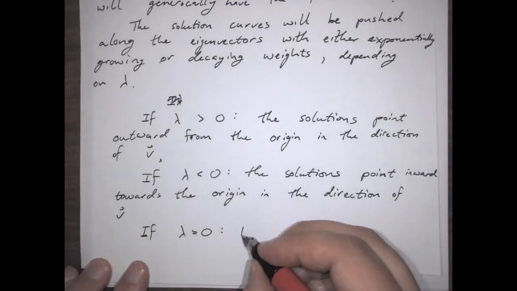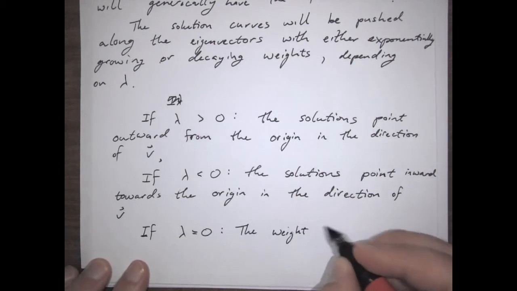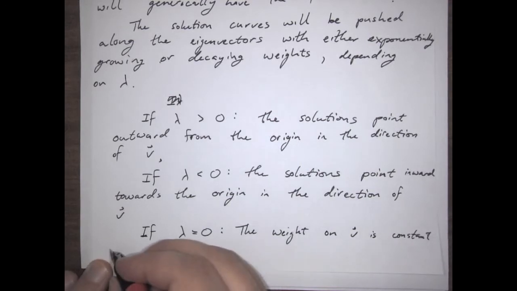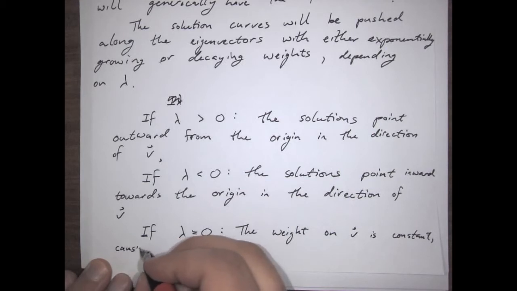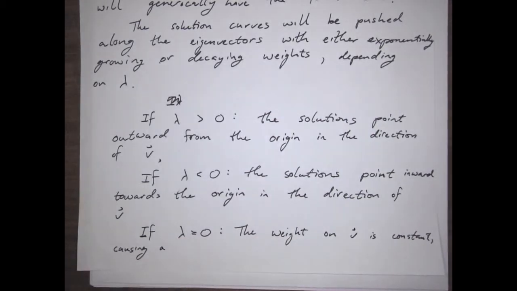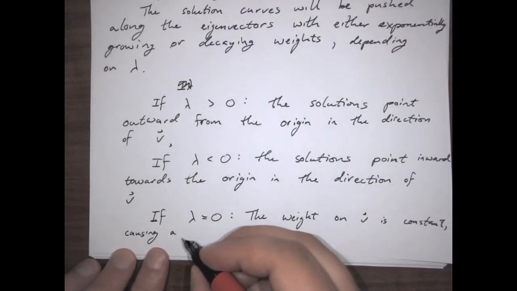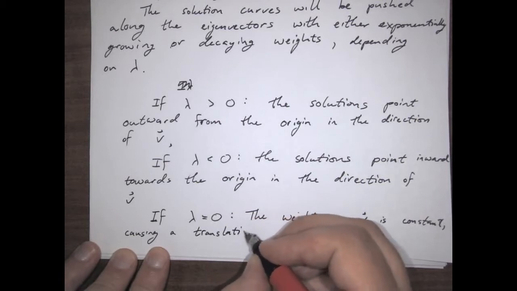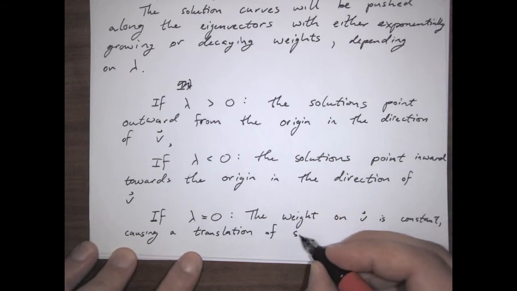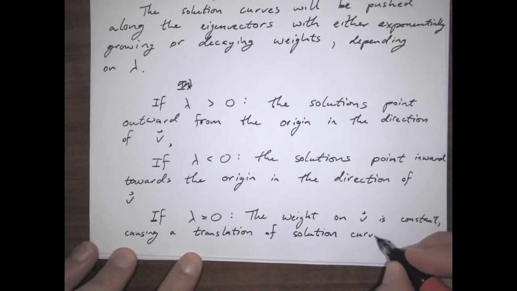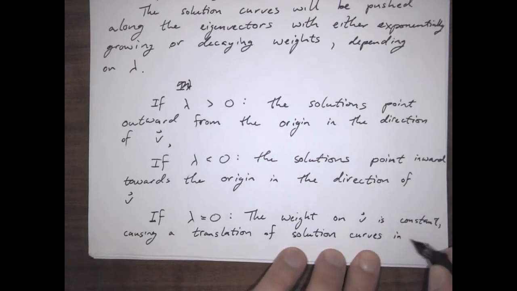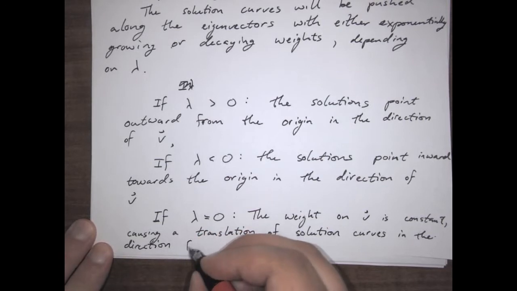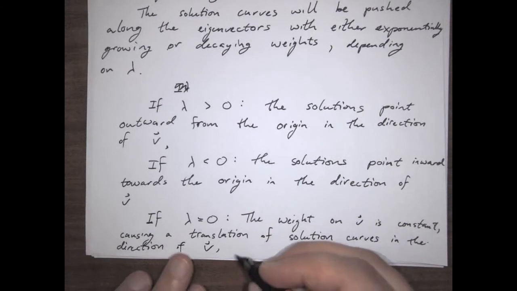So this means that the weight on v is constant, causing just basically a translation of solution curves in the direction of v, making parallel lines.